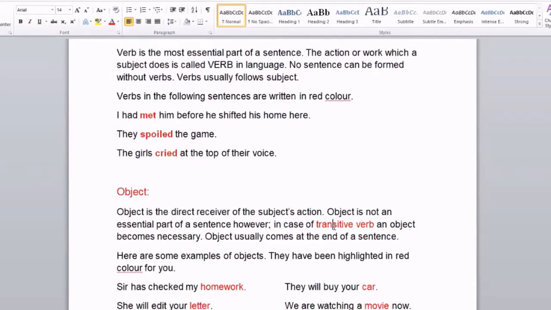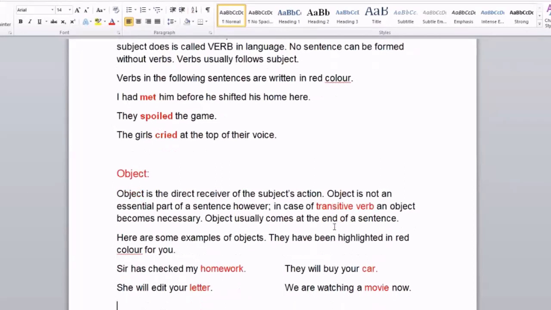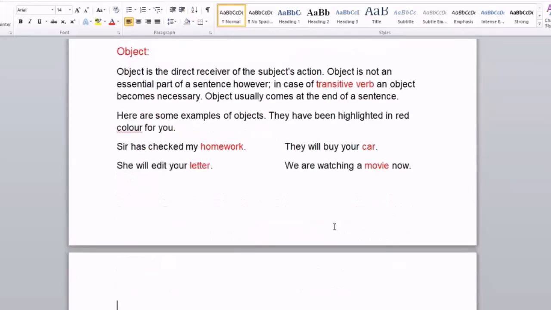Just forget it for a moment. But what is the important point? The important point is that object is not very important in a sentence. But in some cases, it is important: when we have a transitive verb in a sentence, then we must have an object, so the meaning of the sentence is complete.